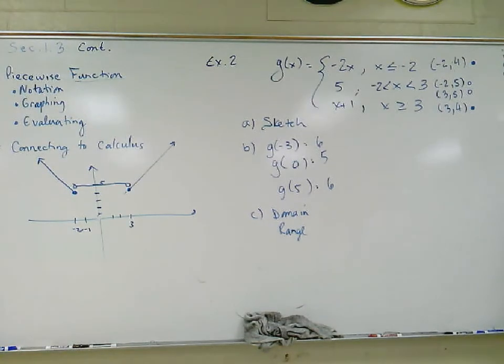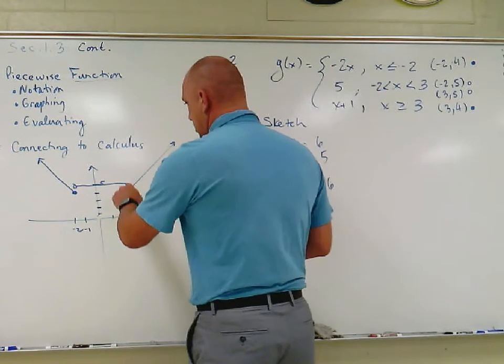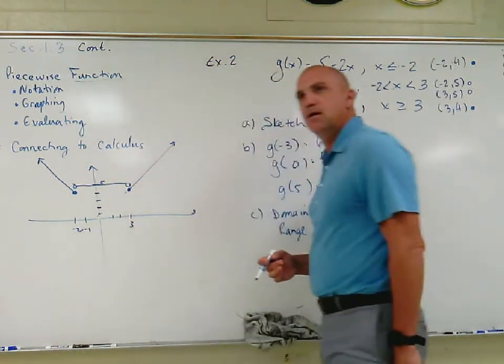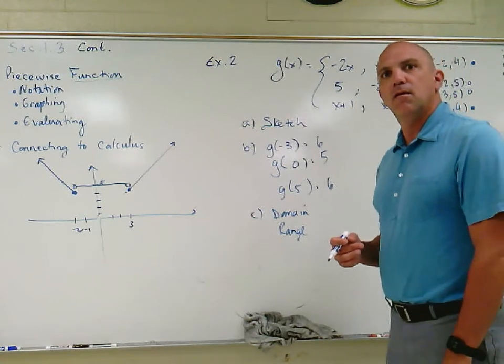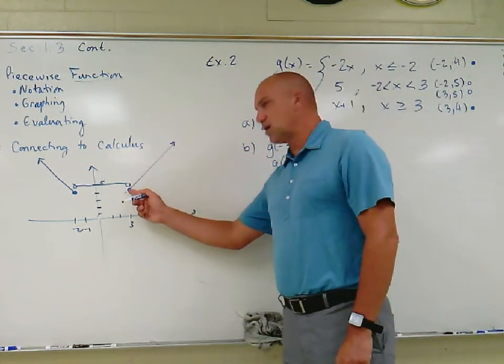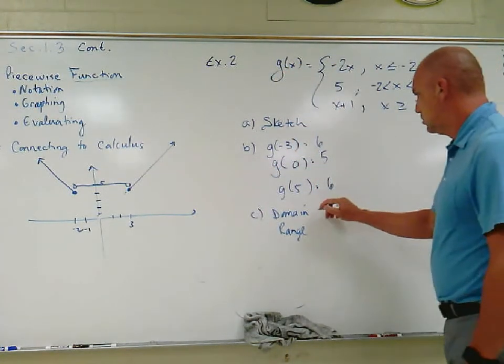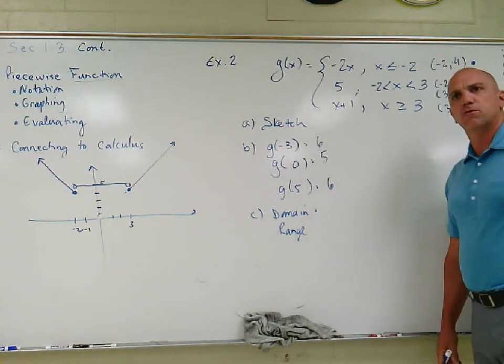What's the domain? All right, well, what about this hole right here? You don't have this point. That's exactly right. You still have the 3. So the domain is all real. How do you write all real in interval notation?